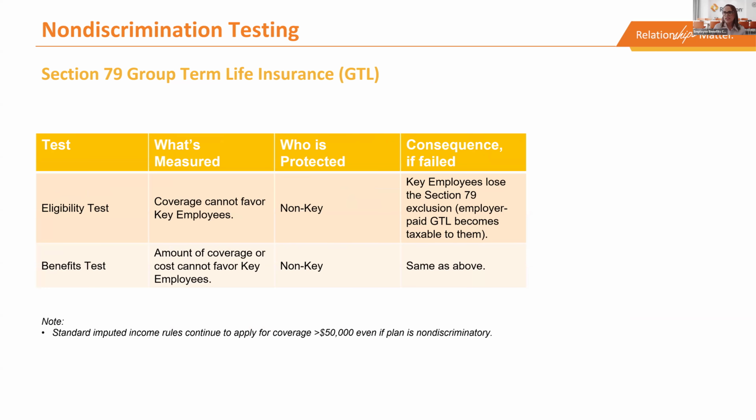And then Section 79, again, we think of that as the excess of $50,000 that you report on the W-2, as I mentioned, but you also need to test for discrimination. So both an eligibility test in the case of group term life as well as the benefits test.